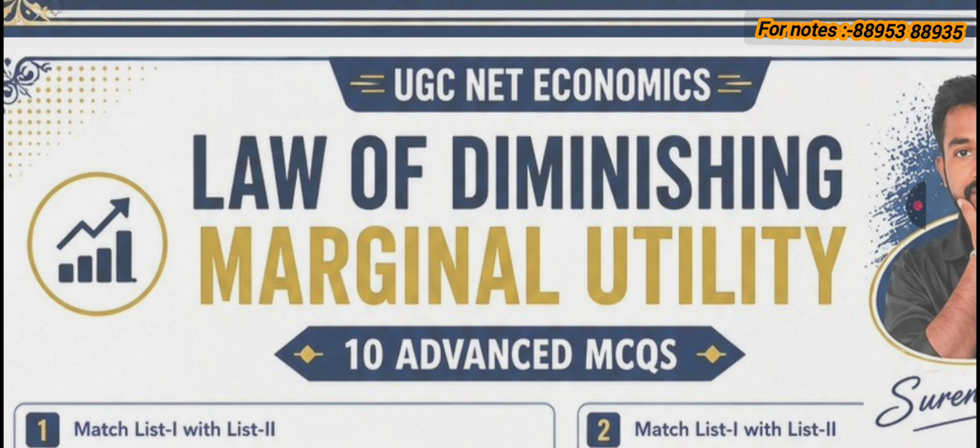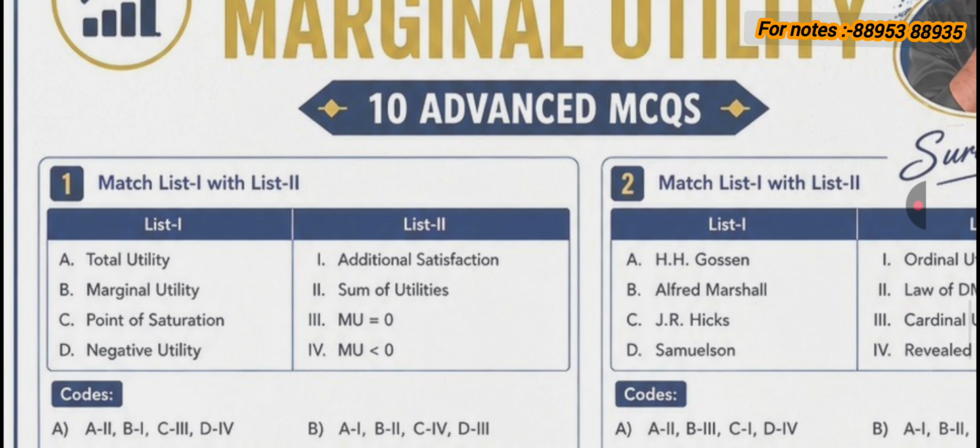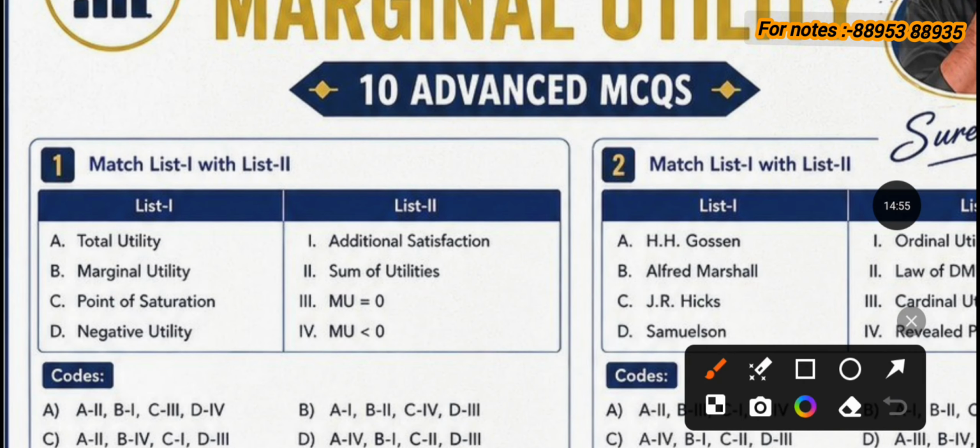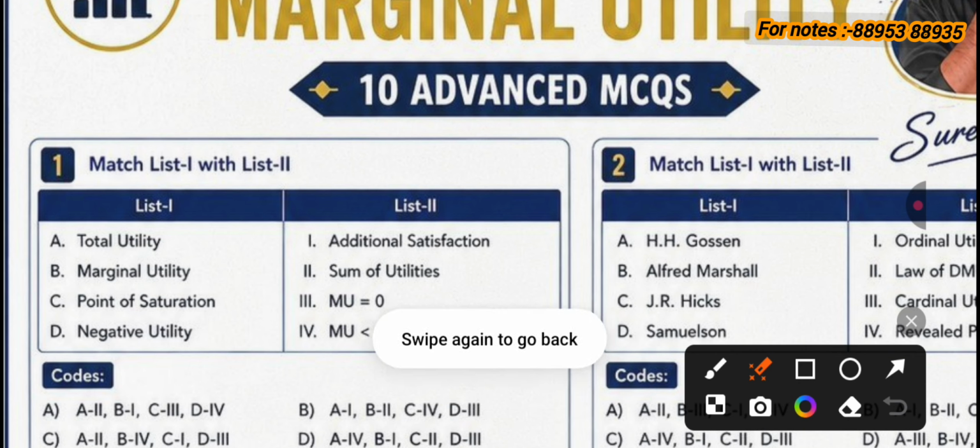Okay, now move to the next question, from the law of diminishing marginal utility. Question number 1 is match the list. List 1 and list 2. List 1 has A, total utility, B, marginal utility, C, point of saturation, and D, negative utility.